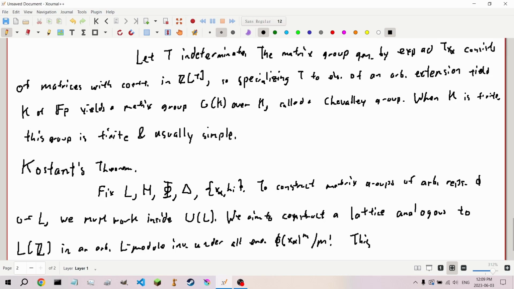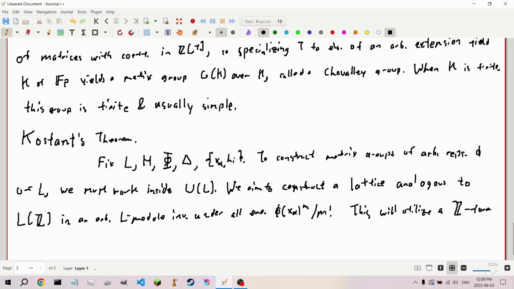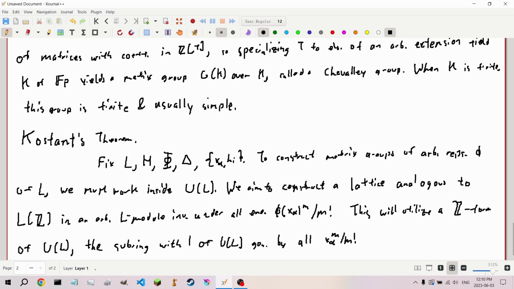Now this construction will utilize what they call an integer form, in scare quotes, of the universal enveloping algebra of L, which is going to turn out to be the subring with 1 of the universal enveloping algebra of L generated by all x alpha to the m over m factorial.